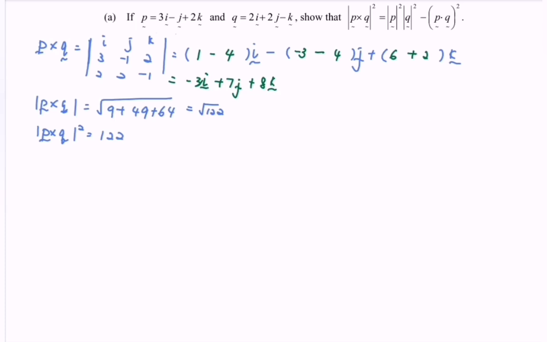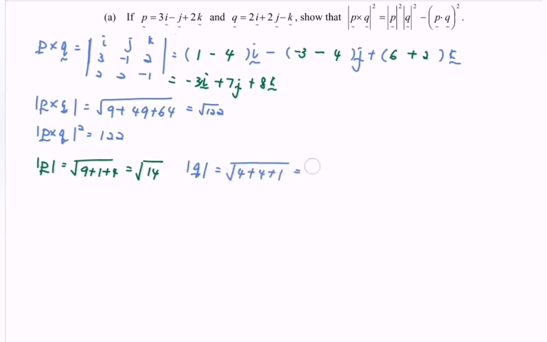Next, focus on the right hand side. We have the magnitude or the modulus of vector P. So we have the square root for the vector P, 9 plus 1 plus 4. So we will have square root of 14. Next, focus on the magnitude or the modulus of vector Q. Then we will have square root of 4 plus 4 plus 1.